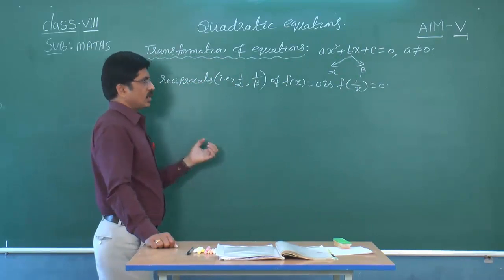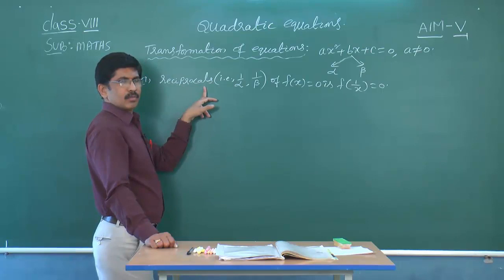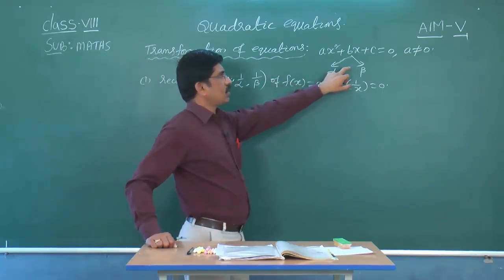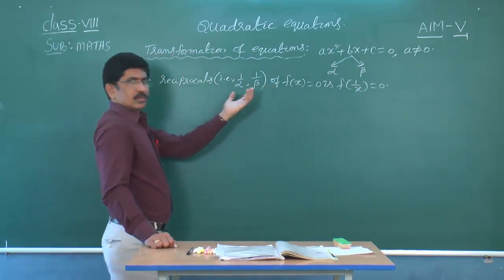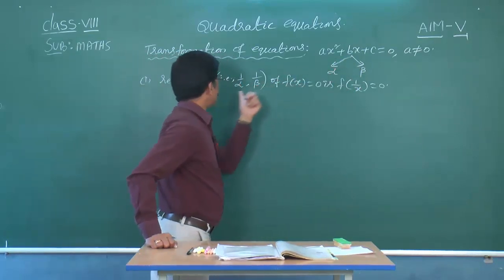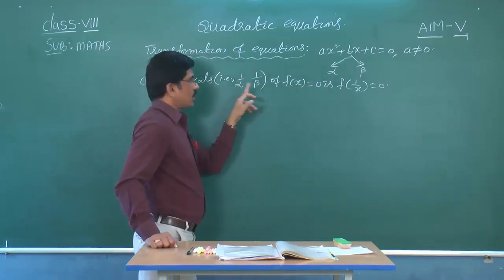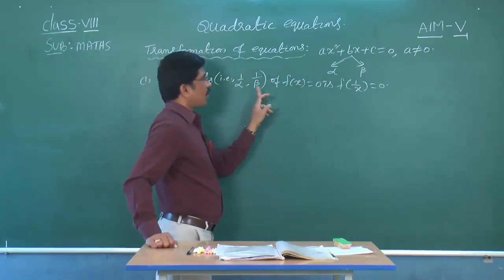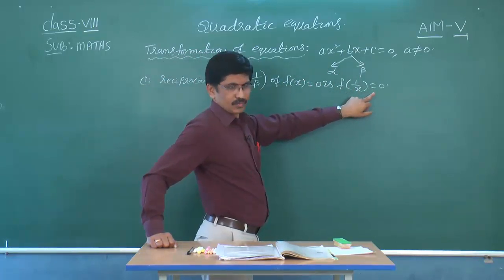Then the required equation when roots are reciprocals, instead of alpha it is 1 by alpha, instead of beta it is 1 by beta, is f of 1 by x is equal to 0.